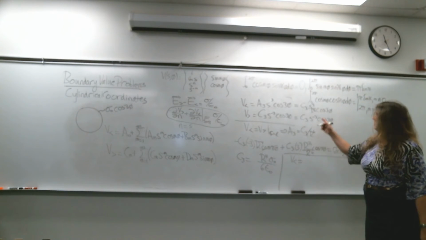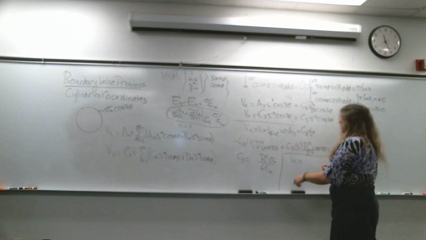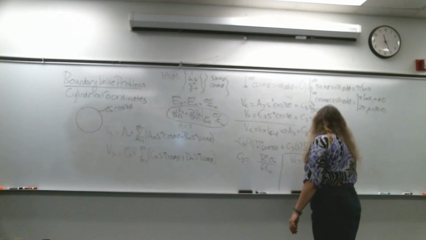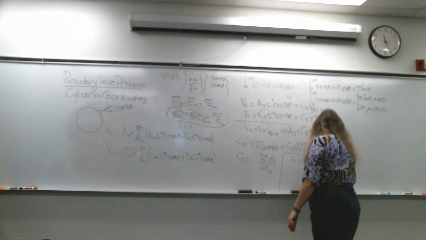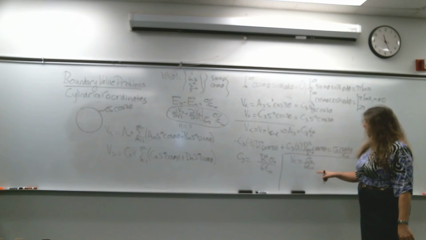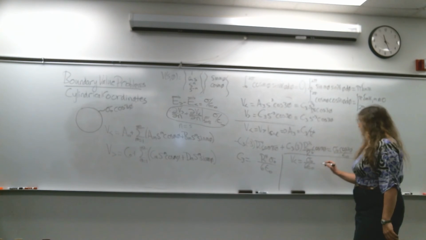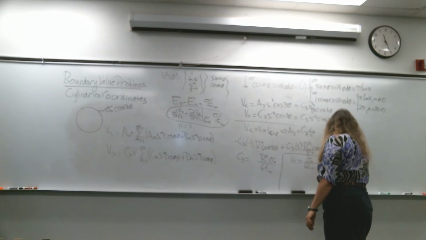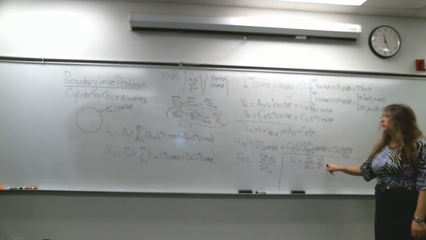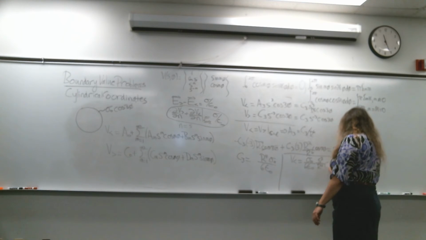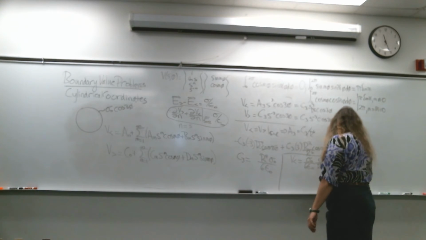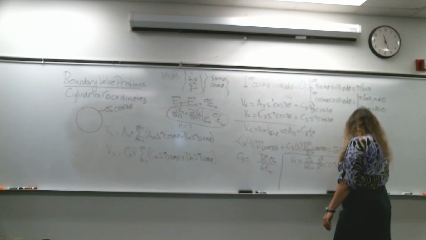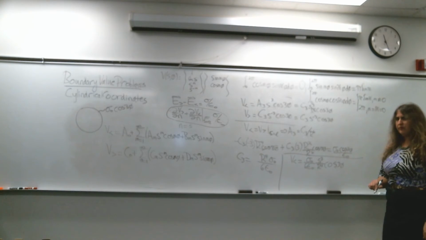And hence our solutions, plugging the constant in here, are equal to sigma naught over 6 epsilon naught times S cubed over R to the fourth cosine 3 theta.